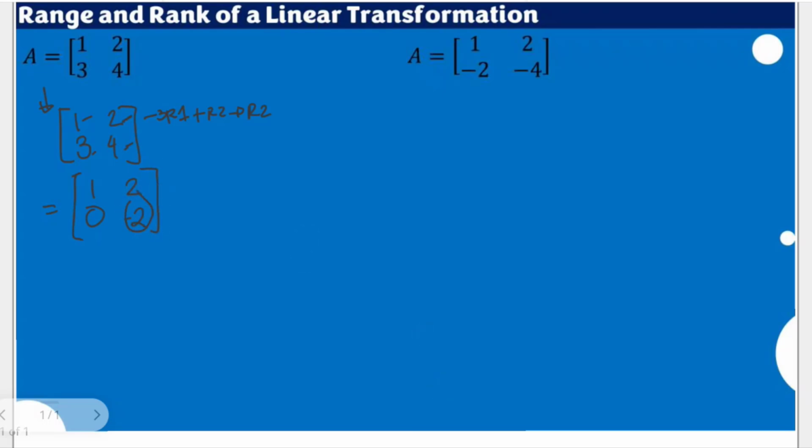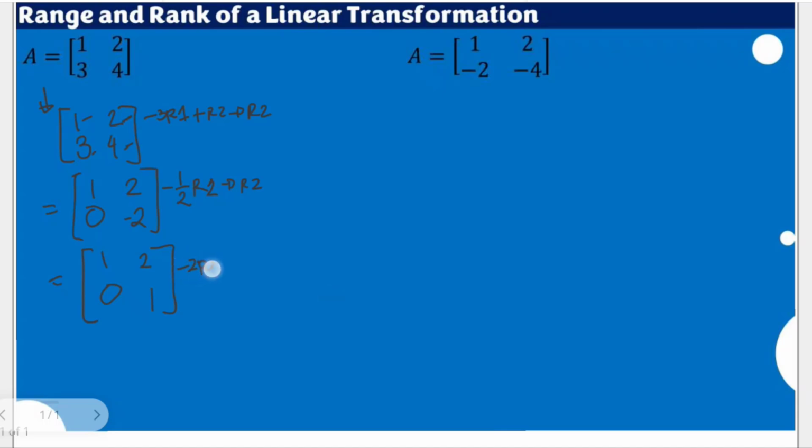Next, let's make this a leading one. So we're going to multiply row 2 by negative 1/2. This would mean we will have here 1, 2, 0, and then 1. To finish our reduced row echelon form, take note that for a row with a leading one, we need to make all other entries equal to 0. So we're going to use the backward motion.